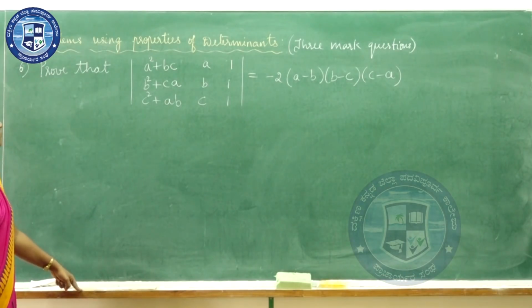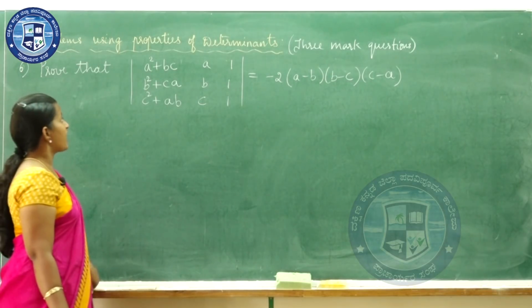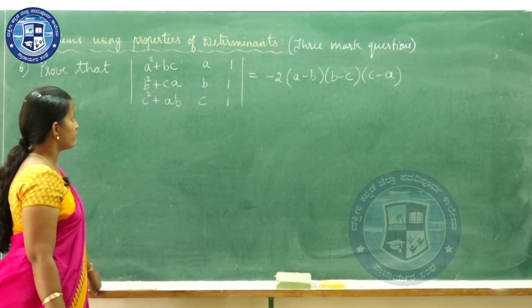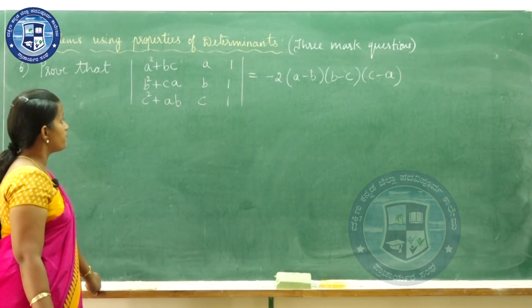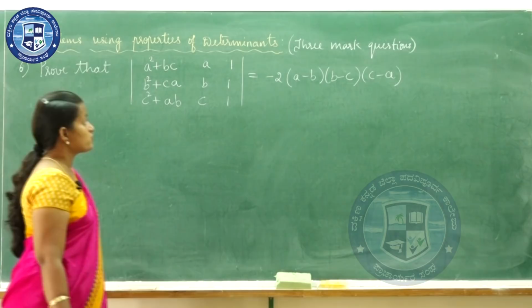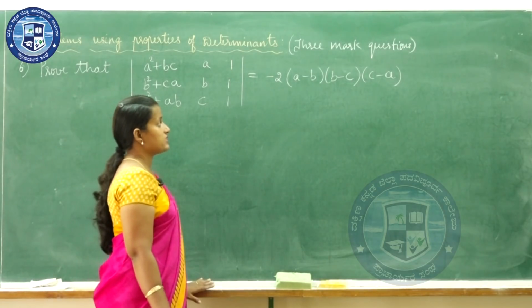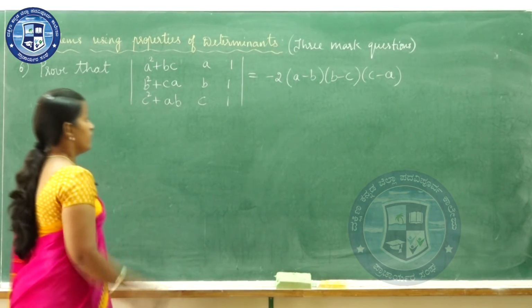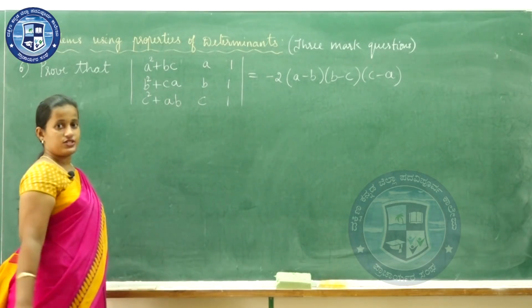Sixth problem, prove that determinant A square plus BC A 1, B square plus CA B 1, C square plus AB C 1 equals minus 2 into A minus B, B minus C, C minus A. Look at the RHS and see what operations can be used.